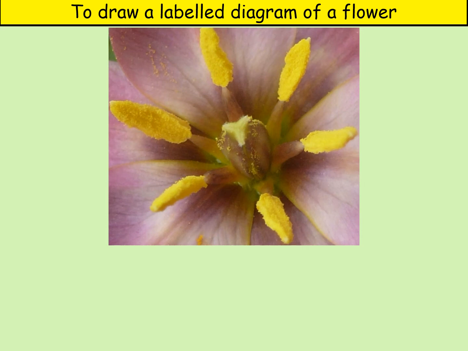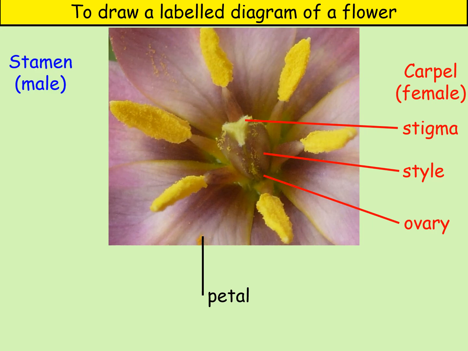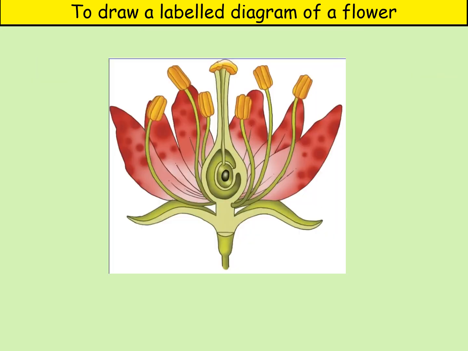Let's name the organs of this tulip. Petal. In the middle is the carpal. Stigma, style, ovary. The yellow parts are the stamen, anther, filament.